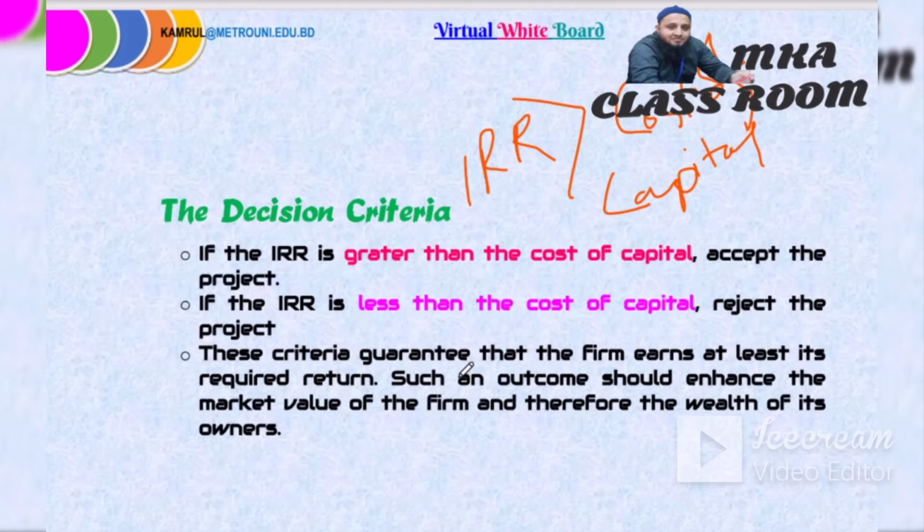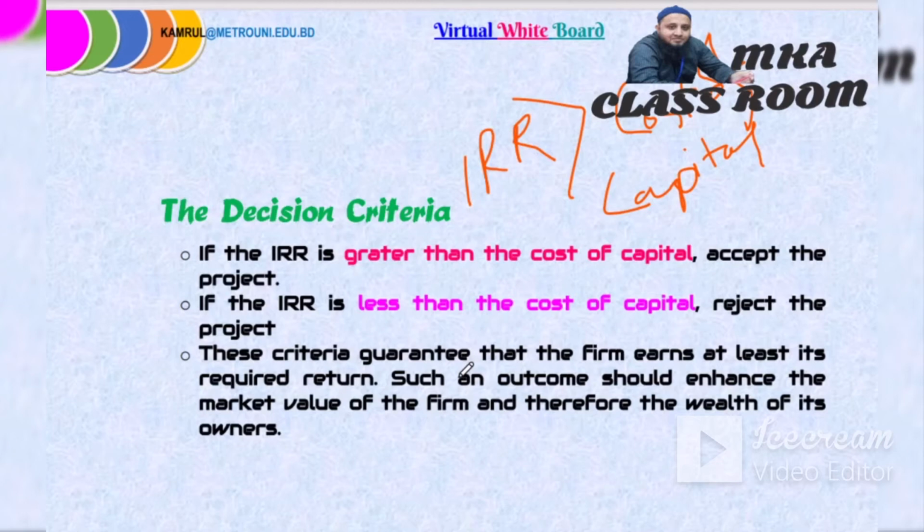That means there is a very important point: IRR will guarantee that the firm at least earns its required return, and its outcome enhances the firm value and the wealth of its owners. That's why it is very important for our decision making purpose.